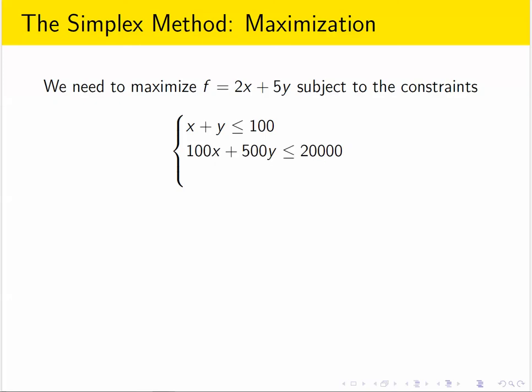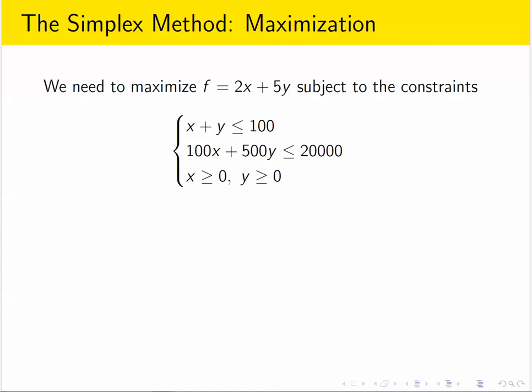And because we only have $20,000 to spend on advertising, we multiply the number of regular spots by $100 each and the number of peak time spots by $500 each, and that total has to be less than or equal to the $20,000 we had to spend. And then we also remember that we cannot buy a negative number of ads. So x and y both have to be greater than or equal to 0.